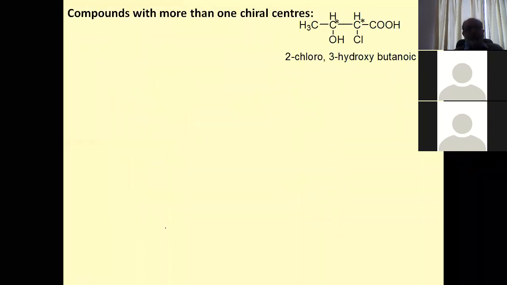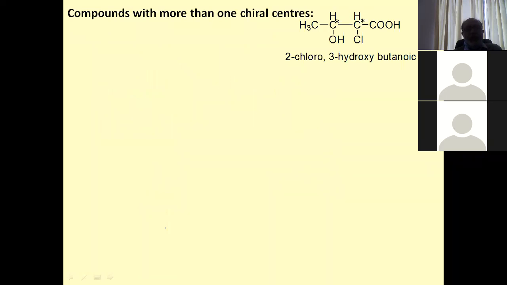Now, compounds with more than one chiral center. If we have more than one chiral center, every chiral center will get its configuration. Suppose we have 2-chloro-3-hydroxybutanoic acid. What are the chiral centers?